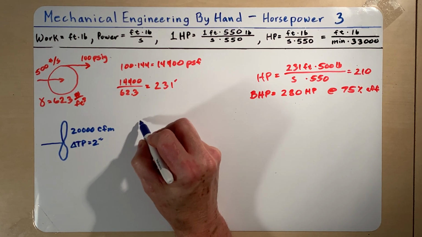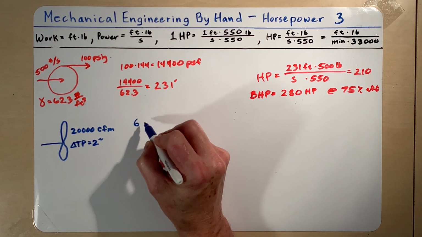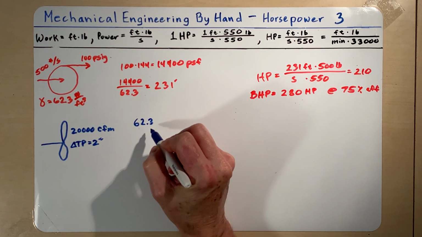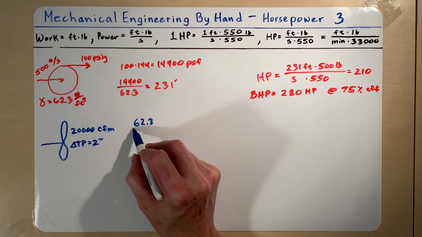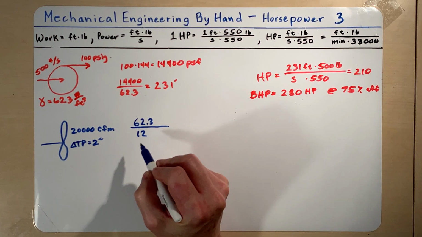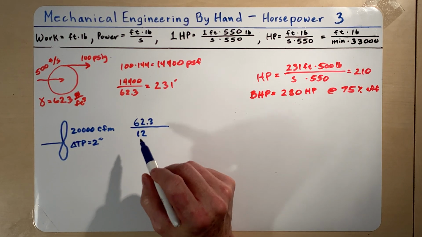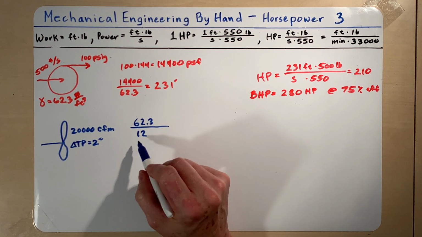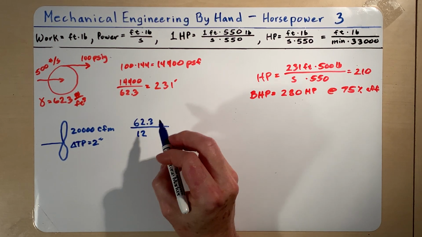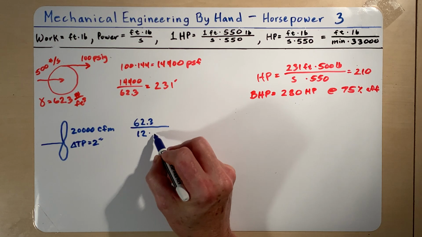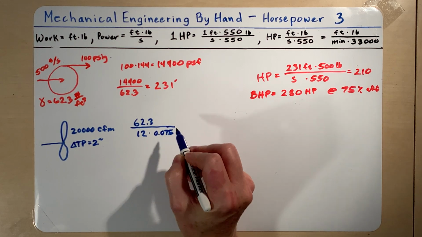So if you can picture a cubic foot of water, 1 foot on each side, it would apply a force of 62.3 psf at the bottom, and then to convert that to inches, that pressure, we would divide it by 12, and then so this is the pressure from 1 inch of water in psf, and then to convert that to feet of air, we need to divide by the typical density of air, which is 0.075 pounds per cubic foot.